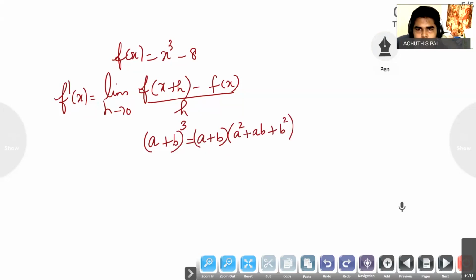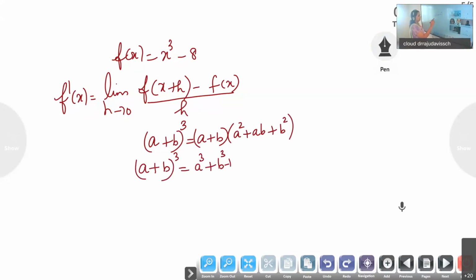I think a plus b the whole cube is a cube plus b cube plus 3a square b plus 3ab square. Now expand this and check whether we will be getting the same.